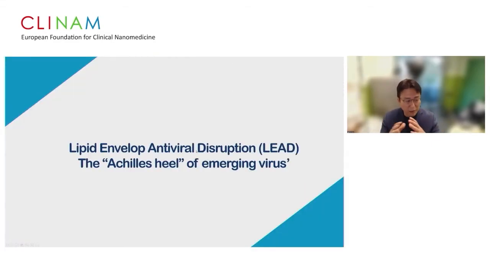So this concept is what we call lipid envelope antiviral disruption, a lead concept we published in Nature Communications, Nature Materials, and a lot of other journals, and we call it the Achilles heel of the emerging virus.